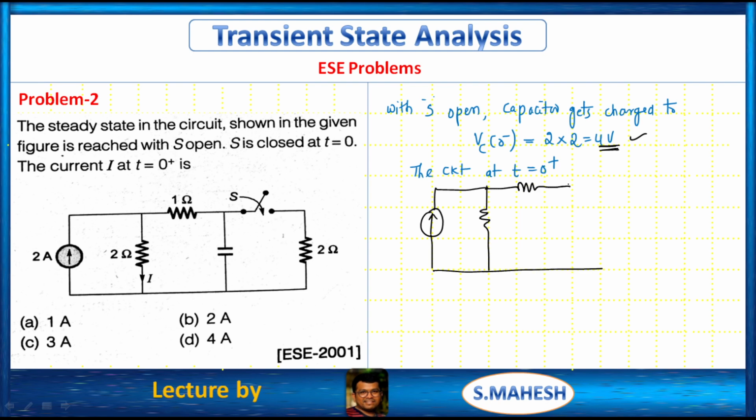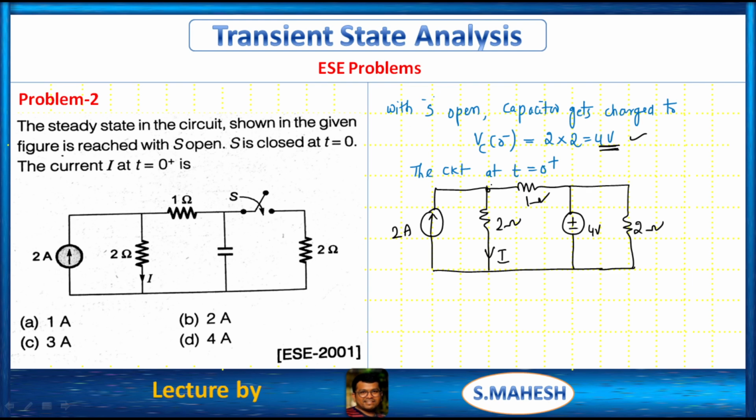This is 1 ohm. Now it is represented with a plus-minus 4 volt source, this 4 volts, and we have the 2 ohm branch. This is 1 ohm, this is 2 ohm, this is the 2 amp source.